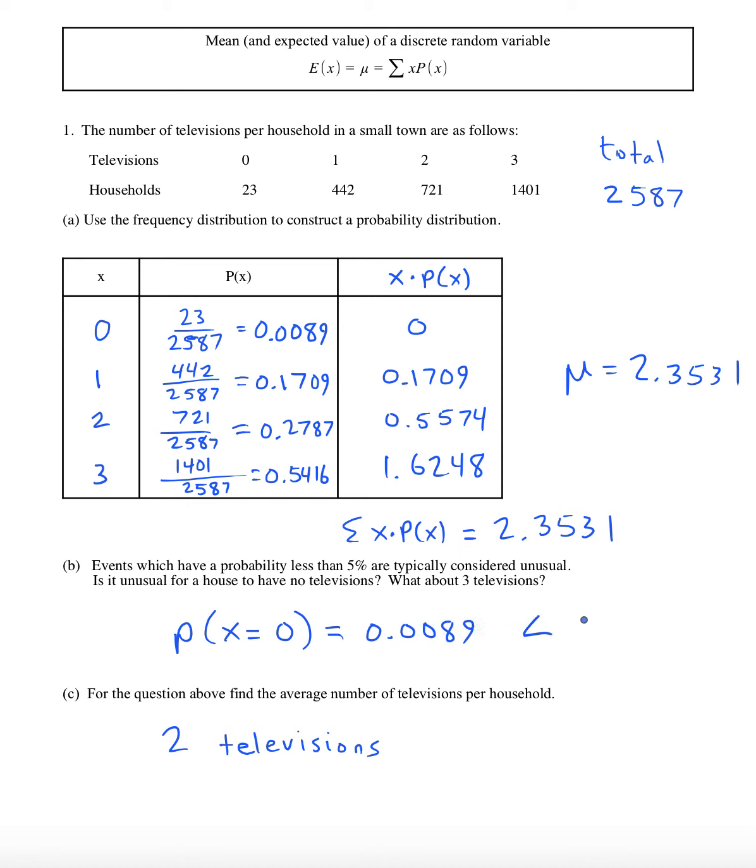Now, since that is less than 5%, yes, 0 TVs is unusual. 3 is not, though, because that probability is 54%, much higher than 5.